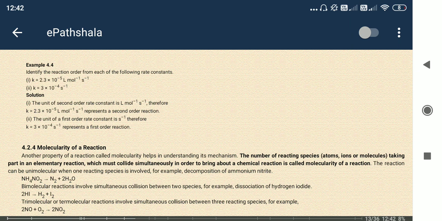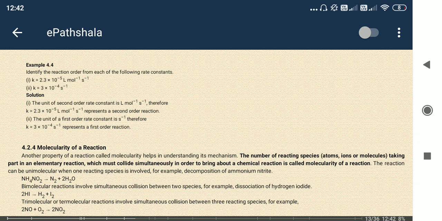Okay, so next one is the molecularity of a reaction. Molecularity is the number of reacting species, that could be atoms, ions or molecules, taking part in an elementary reaction, which must collide simultaneously in order to bring about a chemical reaction. You can see NH4NO2 is converting to N2 plus H2O.